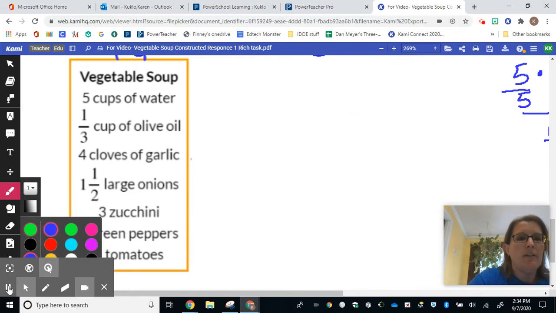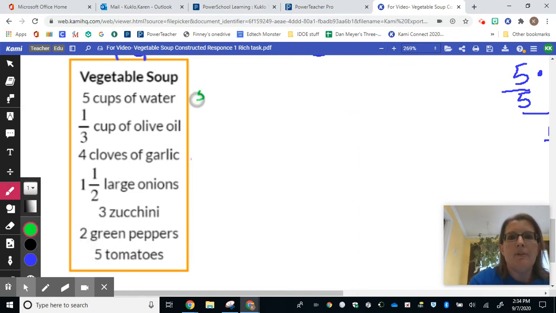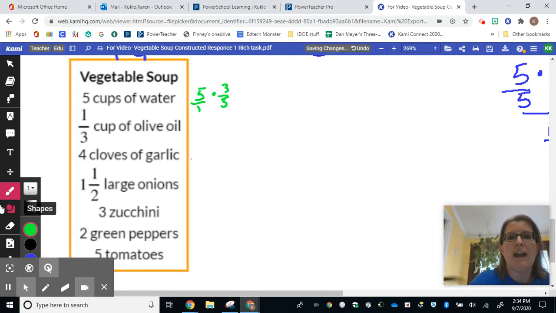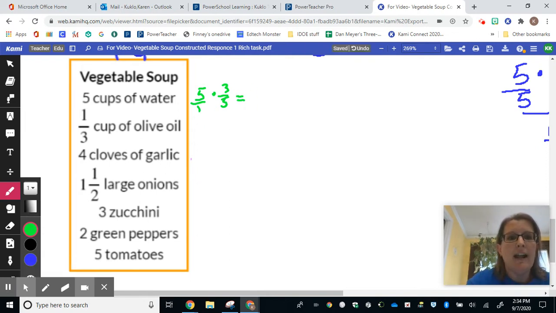So to find my water, I will be multiplying 5 times 3/5. And remember, when we multiply whole numbers, we need to turn them into fractions by putting a 1 underneath them. And now I notice that I can cross simplify here because I can cancel out my two 5s.